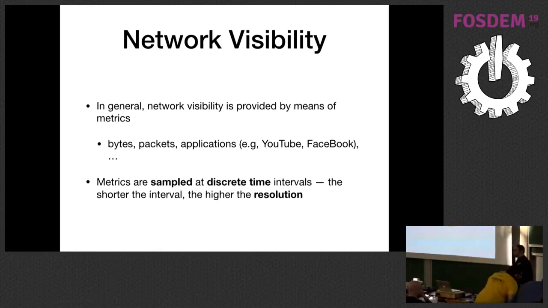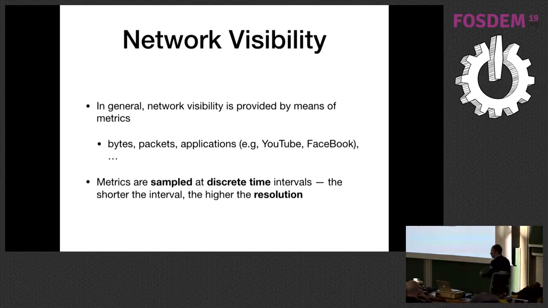So, let's start with network visibility. In general, network visibility is provided by means of metrics. These metrics can be simple metrics, such as the bytes and packets transmitted or received by a given host or by a network.